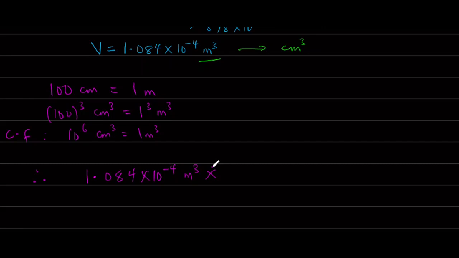Since meter cube is up, this 1 meter cube is going to be down. I'll be writing it as 10 raised power 6 in centimeter cube over 1 meter cube. By so doing, meter cube cancels meter cube, and we are left with volume as 108.4 in centimeter cube. So this is the volume of the air that was displaced in centimeter cube.